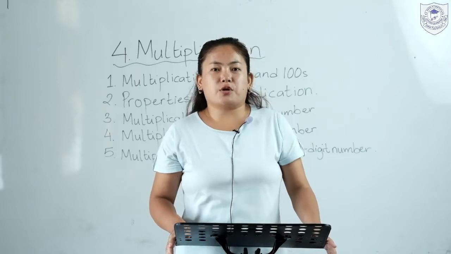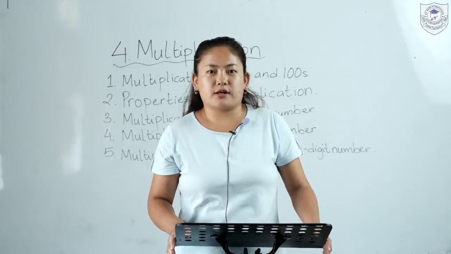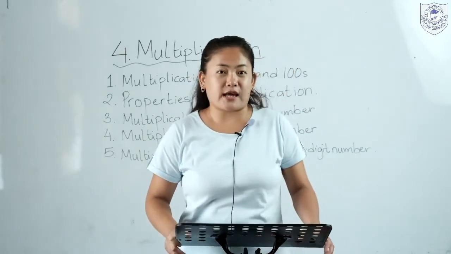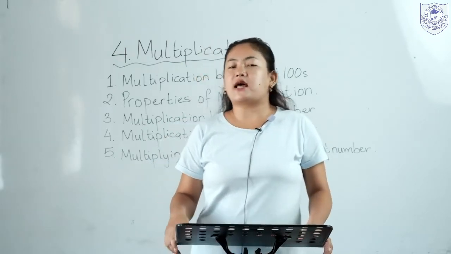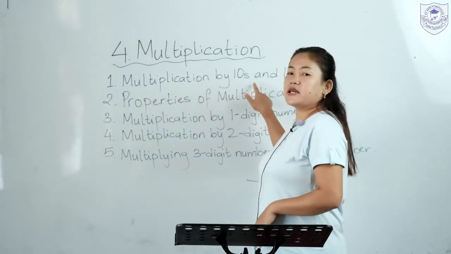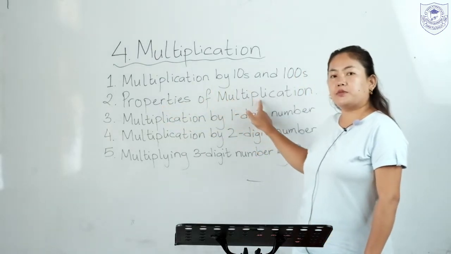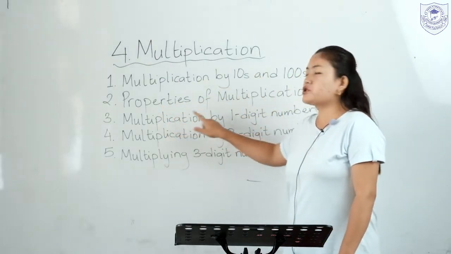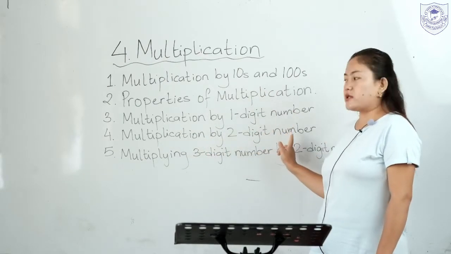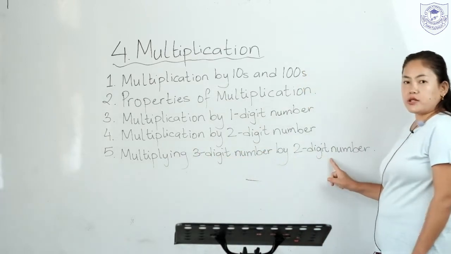Today, as I have told you in the previous class, we are going to start a new chapter, isn't it? That is chapter 4, multiplication. Are you excited? In this lesson, we are going to learn multiplication by tens and hundreds, then properties of multiplication, then multiplication by a one-digit number, multiplication by a two-digit number, and multiplying a three-digit number by a two-digit number.